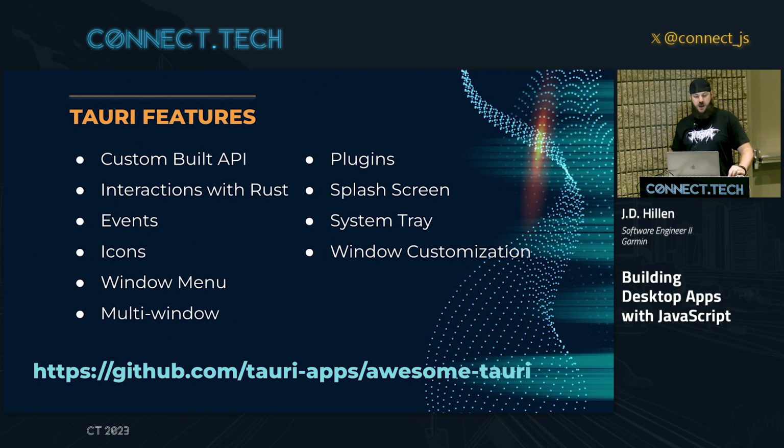Custom build APIs, interactions with Rust, the events system, icons, Windows menu, multiple windows, plugins, splash screen, system tray, Windows customization, all those things. Those are all customizable in Tauri applications. And that URL down here is a curated list of just awesome plugins and things that you can do with Tauri.